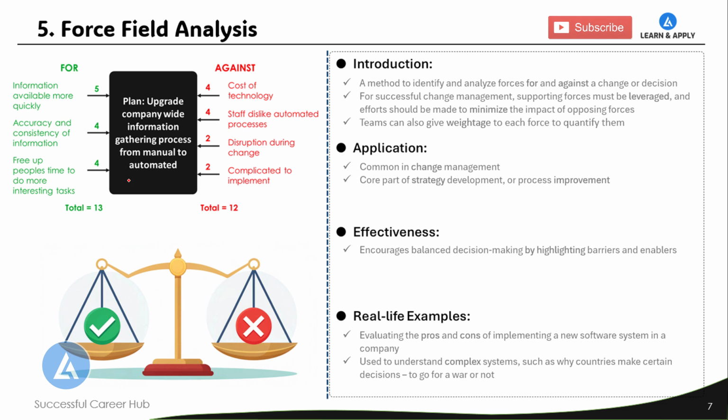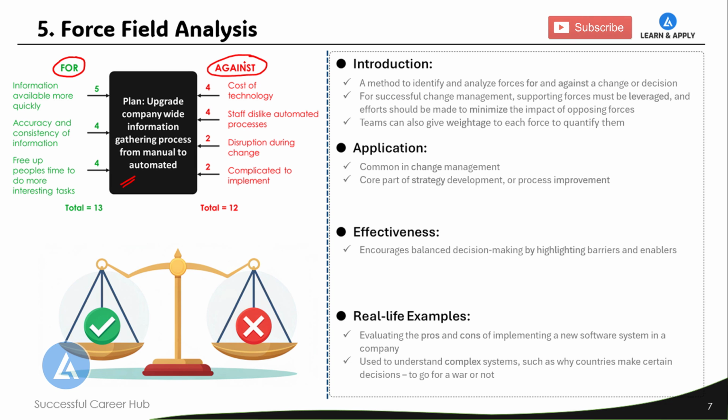Let's take an example to understand this force field analysis. We want to upgrade the company-wide information gathering process from manual to automated. After conducting this force field analysis, we can say that there are 3 forces which are in favor of the change, whereas there are 4 forces which are against this change.